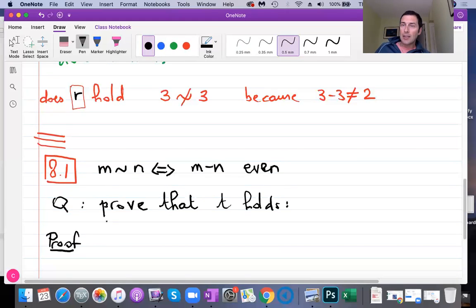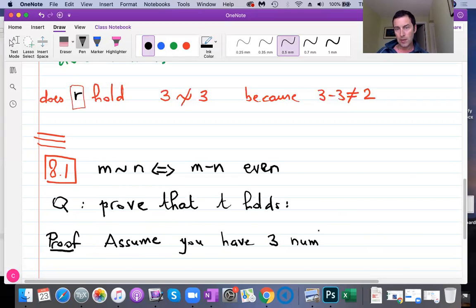So T is an axiom that has a for every statement, right? So you have to assume that you have three numbers, M, N, and maybe P, right?